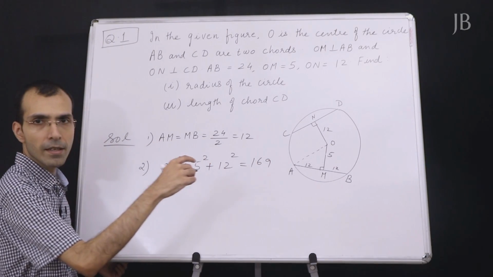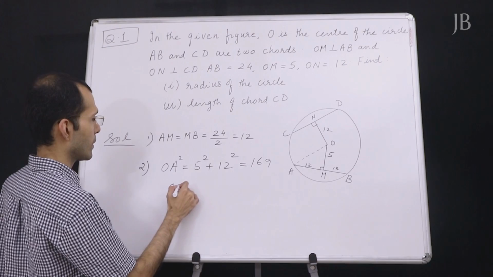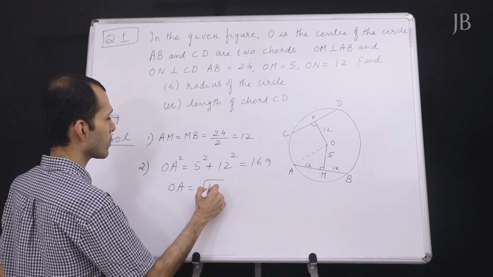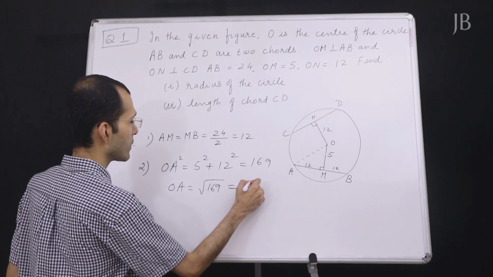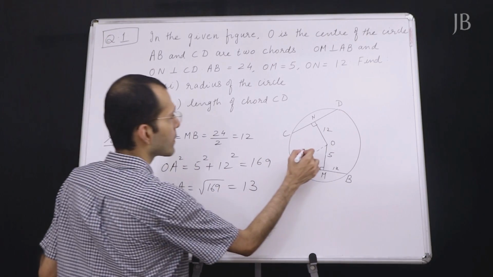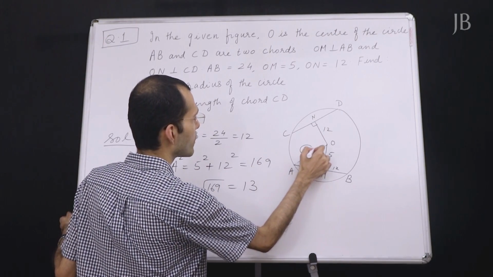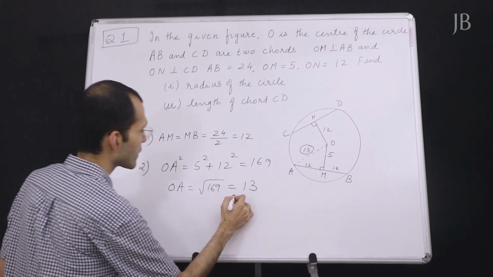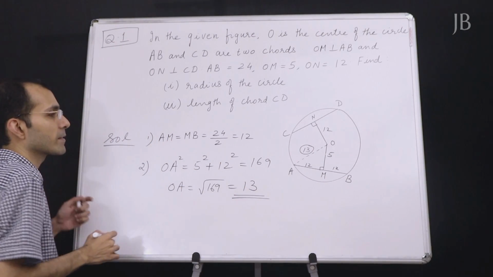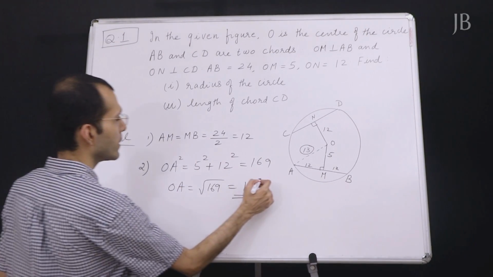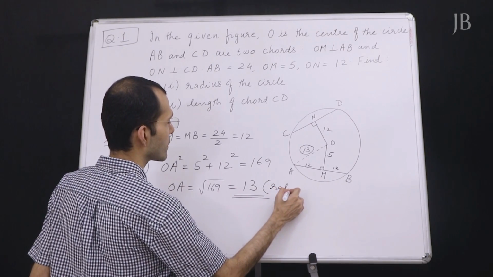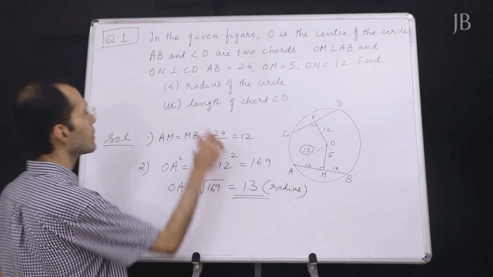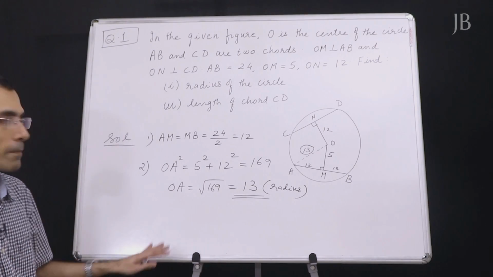The reason would be Pythagoras theorem. So OA would be square root of 169, that is 13. So now OA has worked out to be 13. So radius of the circle, we can just double underline this answer. So 13 in the bracket, we can just write radius, indicating that the first subpart is now done.